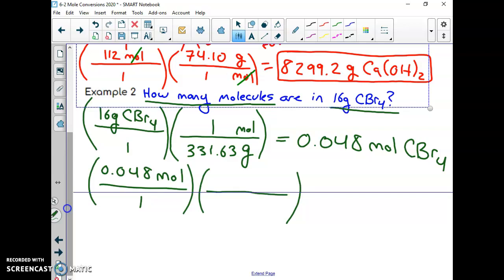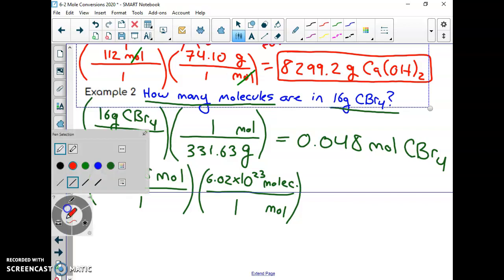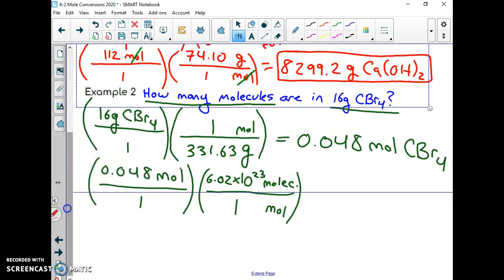And before we plug in Avogadro's number, let's just make sure the units all match up. We want moles to cancel out, and we want to solve ultimately for molecules. Keep those abbreviations straight. By definition, 1 mole is equal to 6.02 times 10 to the 23rd molecules, and we can multiply. We don't have to worry so much about the denominator because both of them are 1. We can see moles are going to cancel.